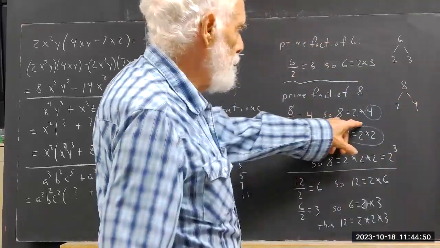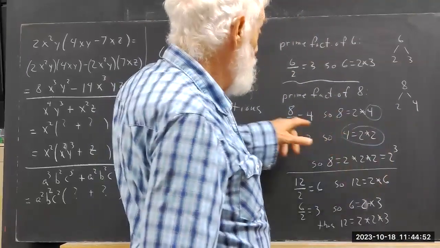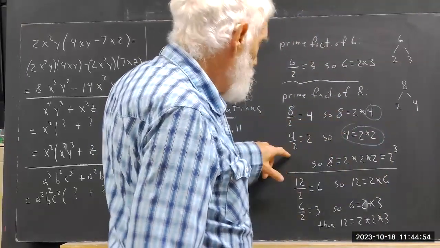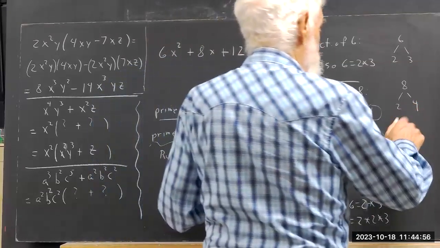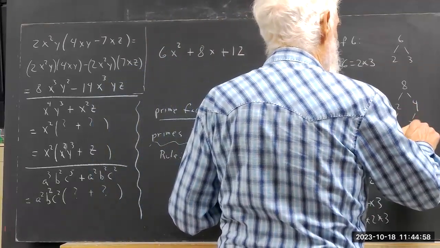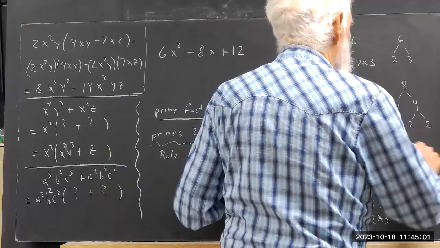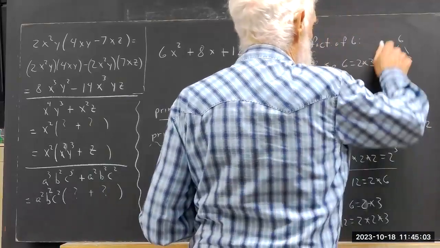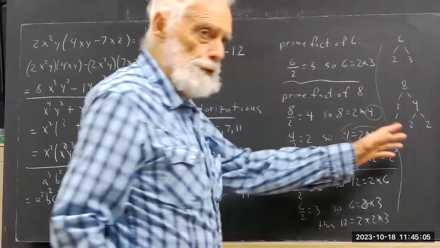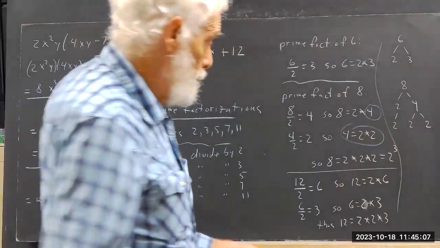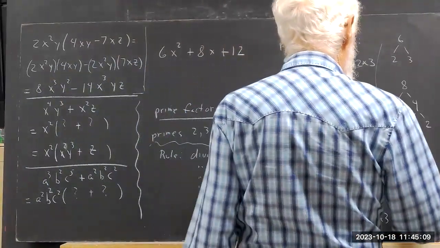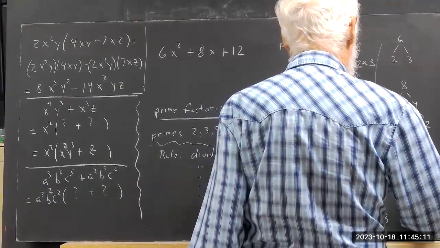First thing we did was 8 equals 2 times 4. That's what we get when we divide by 2. We can divide by 2 again into the 4. And we get 2 times 2 times 2. And this is the way you're going to see it, I think, in open math, depending on which video you choose to look at.